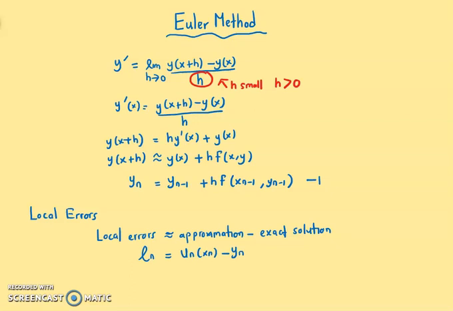Now u n of x n is actually the exact solution at each step, and y n is the Euler method.